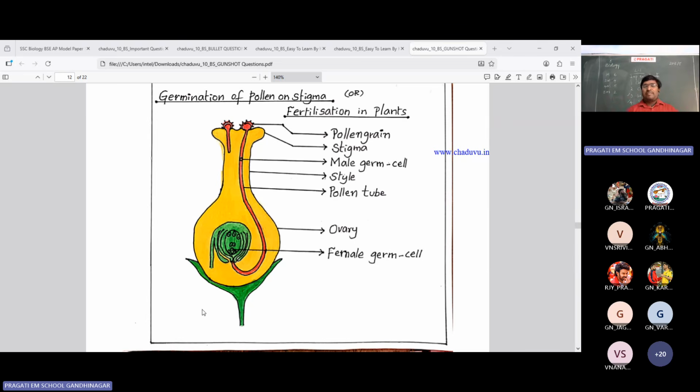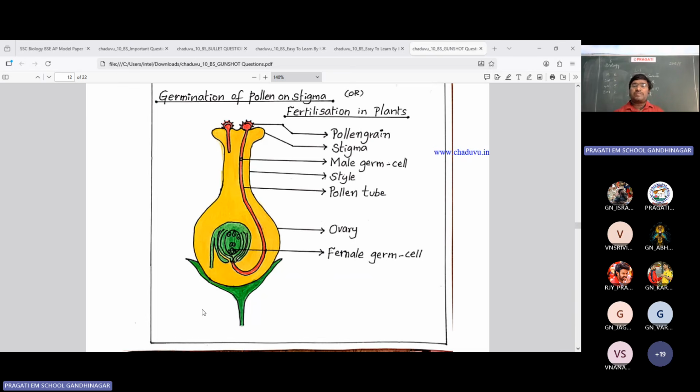See, for this question, only female parts are mentioned here. Okay, children, in this female part, how the pollen grains are arranged, how they are attached, how the pollen grain grows with the help of the pollen tube, and how the pollen tube transfers the gametes into the ovule.